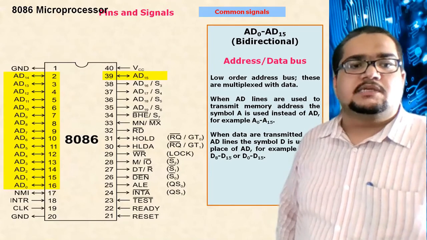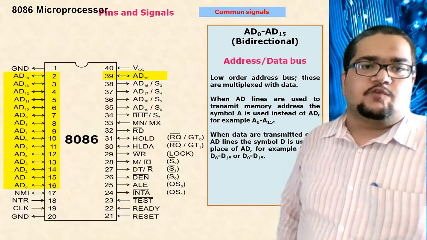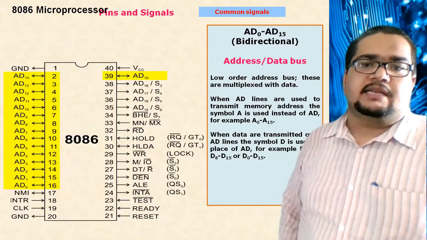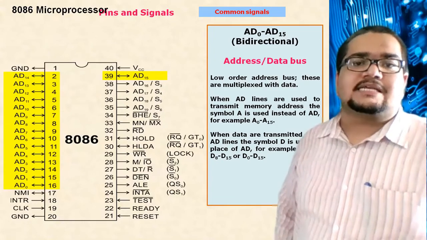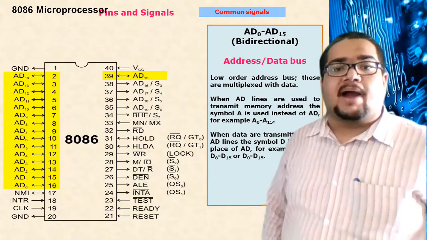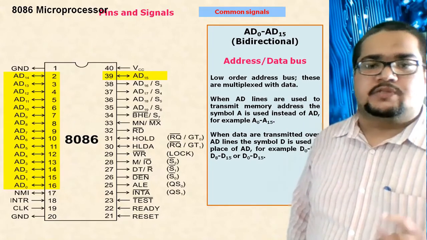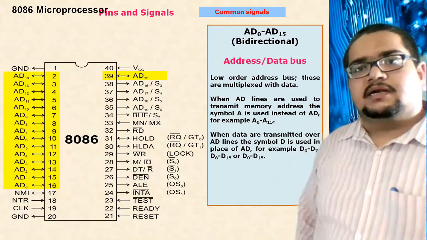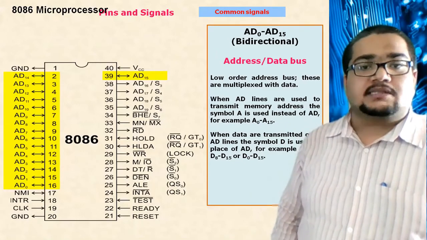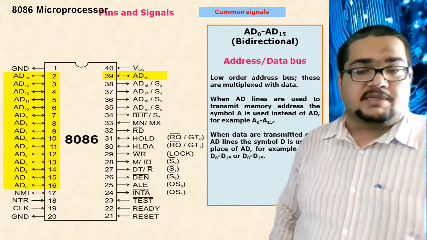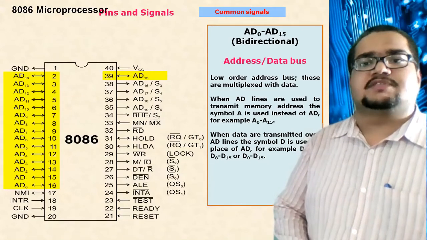What are those signals? The ones which are highlighted in yellow here: AD0 till AD14 here, and pin number 39, AD15. So 15 here and 1 there, total 16. These lines are called bidirectional address data lines. They can carry address, they can carry data. AD0 to AD15 are the common lines between the lower 16 bits of the address bus and the complete data bus, because the data bus size itself is 16 bits.